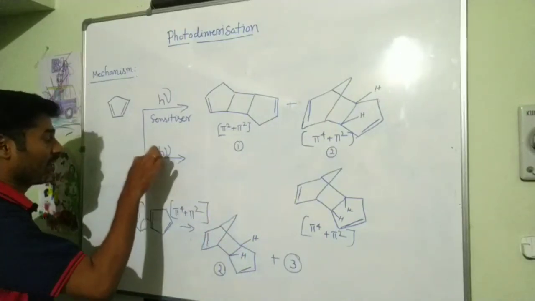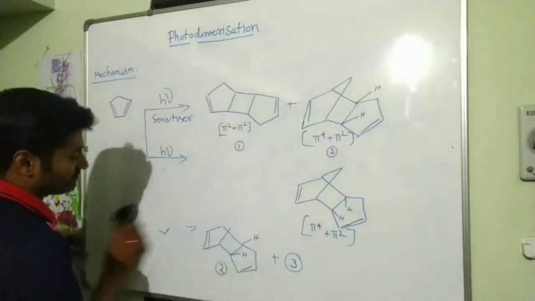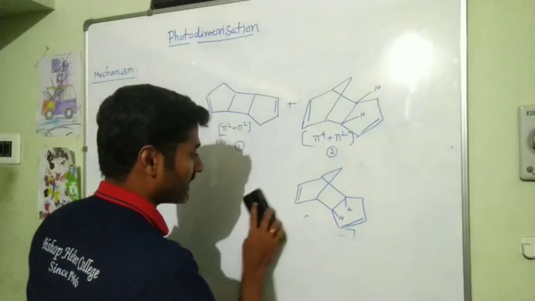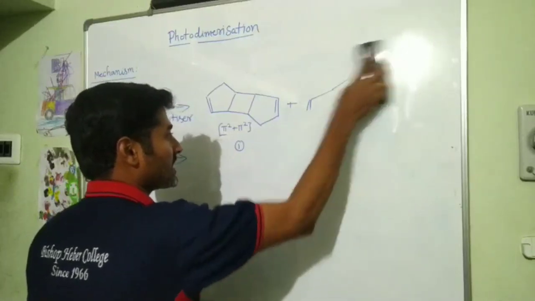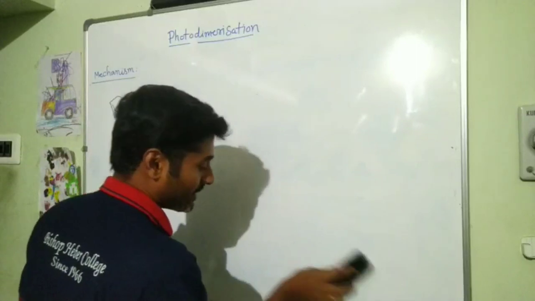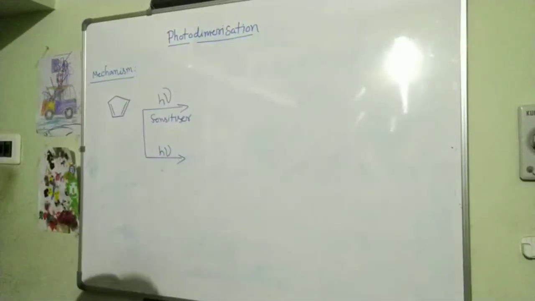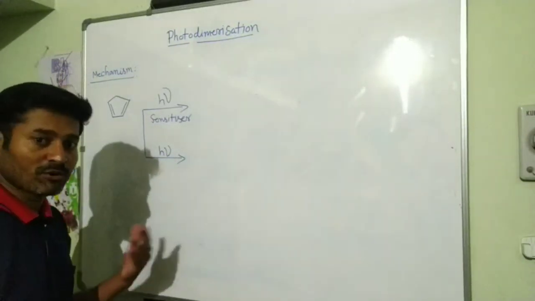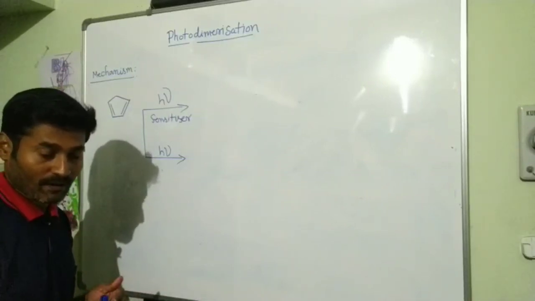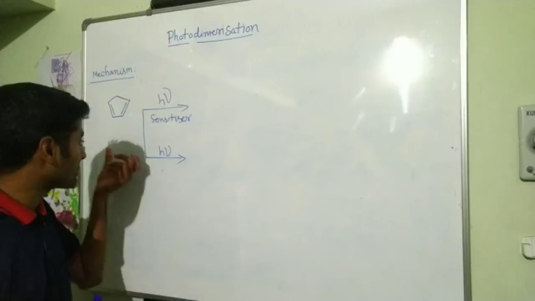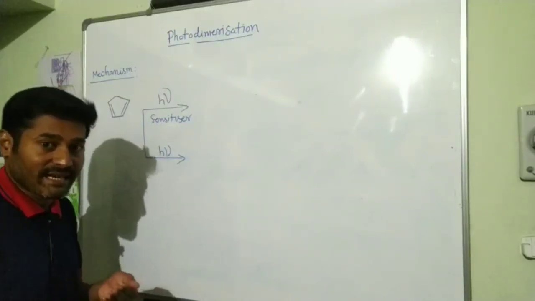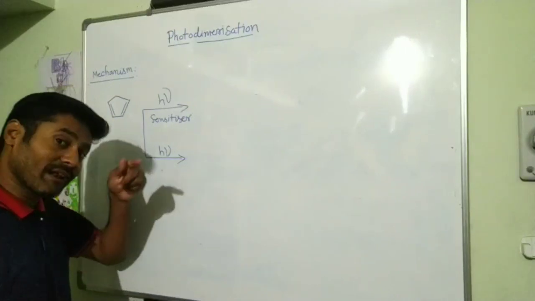But in the absence of sensitizer, as we already discussed in lecture 1, your substrate will reach the singlet excited state, and singlet to triplet conversion will take more time. The inter-system crossing rate of singlet to triplet with respect to alkene is very low. Therefore, by being in the singlet state itself, your cyclic diene will undergo reaction.